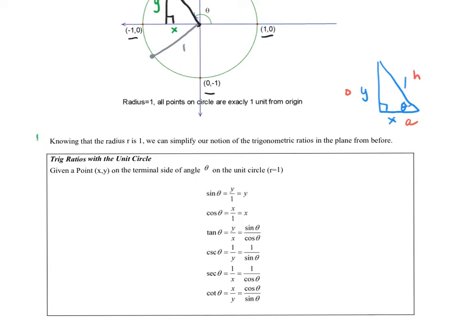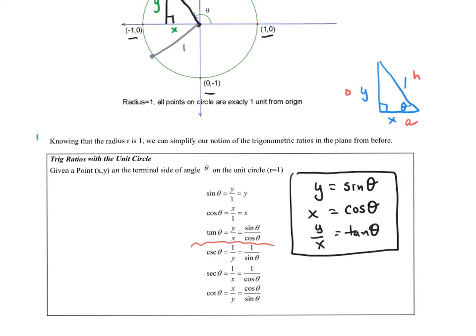The other ones are just the reciprocals, so we'll just look at these first three. If I have a point on my unit circle, what it's saying is that the y value is the sine of the angle, the x value is the cosine of the angle, and the tangent is simply y divided by x.